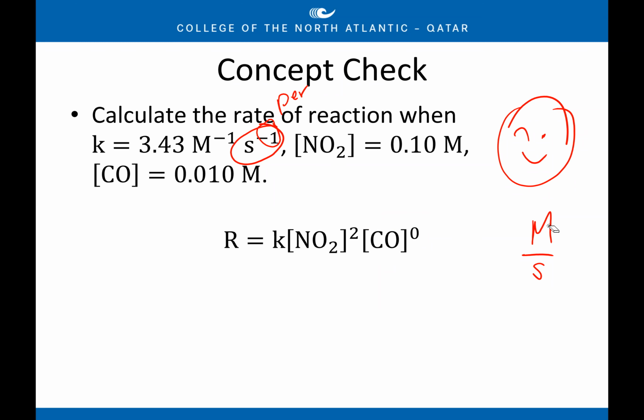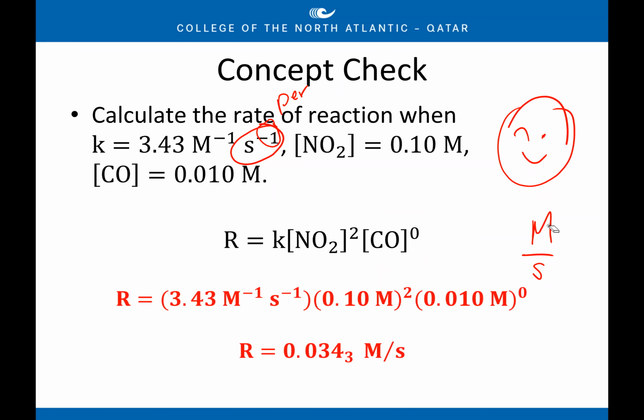Okay, so let's do this one. This is pretty easy. I won't bother handwriting it because the information's all here. So rate is, here's my k. Let me get my highlighter here. So here's my k. Here's my concentration of NO2. Notice that it's raised to the power of 2. And then here's my concentration of CO, carbon monoxide, and it's to the power of 0. Your calculator will do this for you.